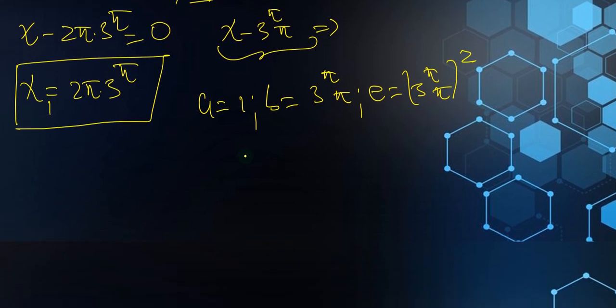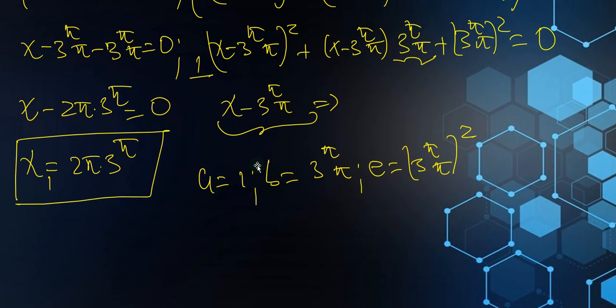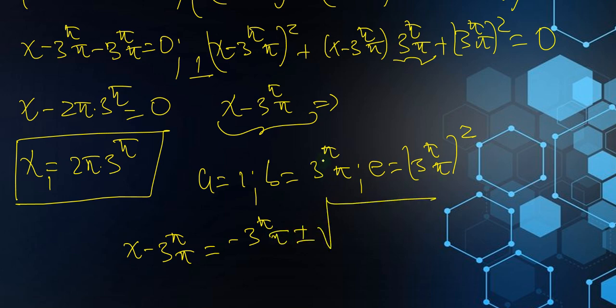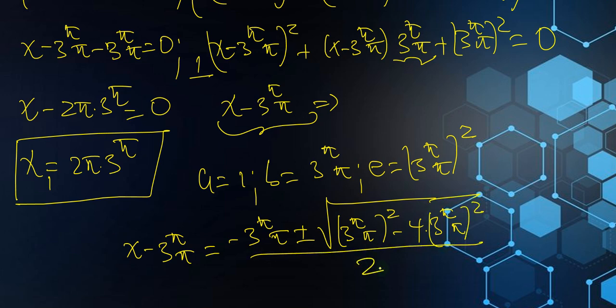So now, if x minus 3 to the pi times pi is our variable, it means that x minus 3 to the pi times pi is going to be equal to minus b, which is minus 3 to the pi times pi, plus or minus the square root of b squared, which is 3 to the pi times pi squared, minus 4 times a, which is 1, times c, which is 3 to the pi times pi to the power of 2, all divided by 2 times 1, which is 1.